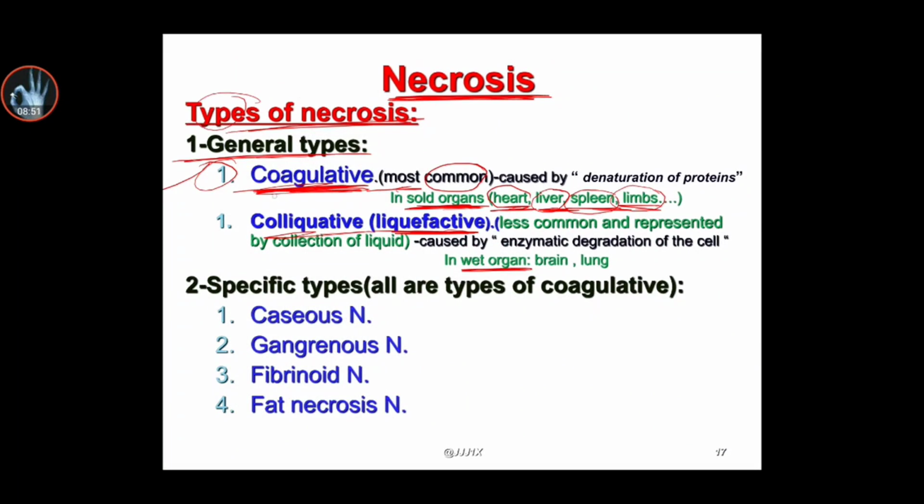And the cause of coagulative necrosis is degradation of proteins. But liquefactive, as we said, is less common, أقل شيوعا, and is represented by a collection of liquids. It occurs in the wet organs, يعني أعضاء رطبة, like the brain and the lung, الرئة.